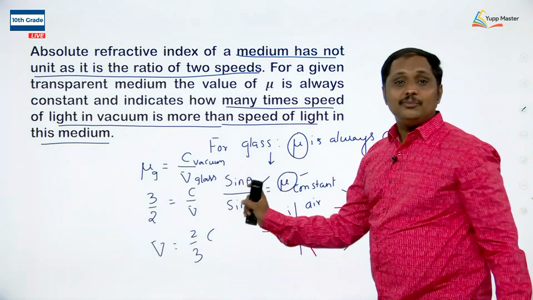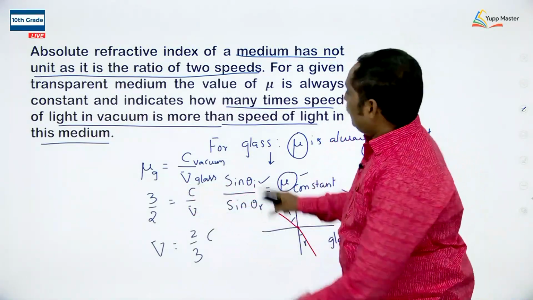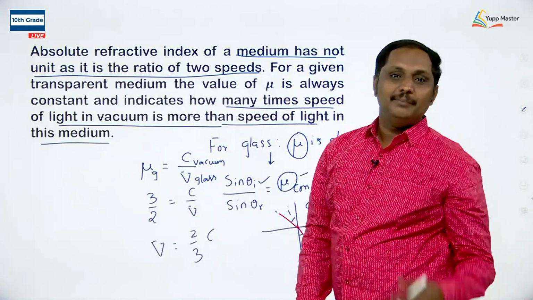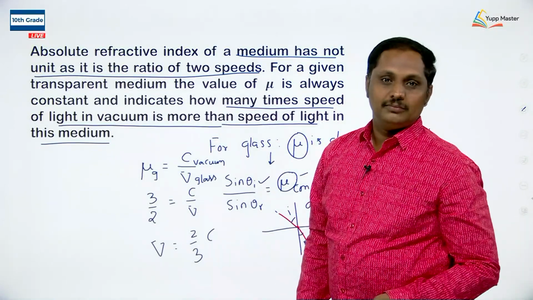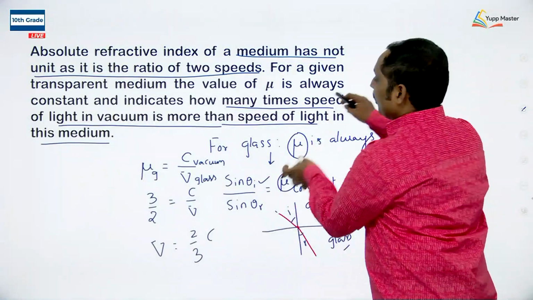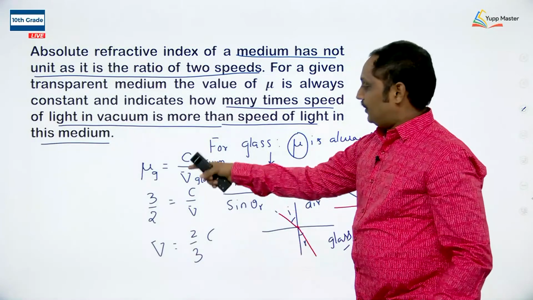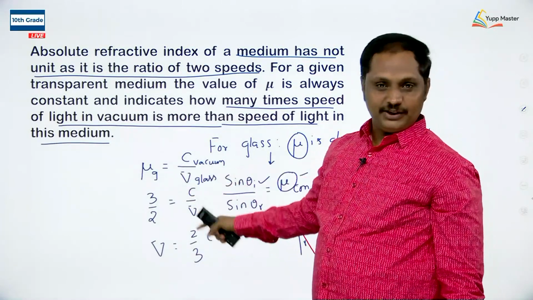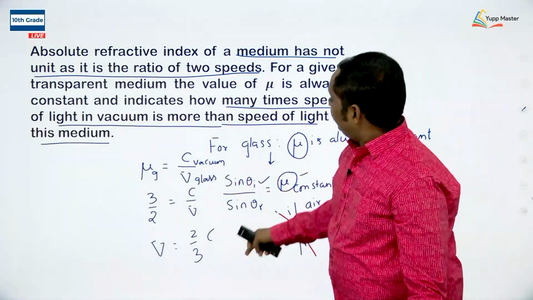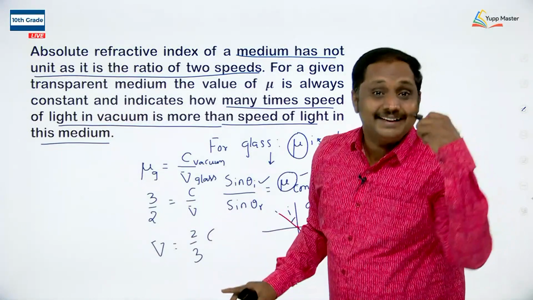So, how many times it increases or decreases is going to be conveyed. The speed of light in a medium, in case of rarer, it is more. Now, it is very clear, this point has been discussed in this way. So, the refractive index of glass is 3 by 2, that is nothing but 1.5, but the speed is going to change by 2 by 3 times, nothing but decreases.